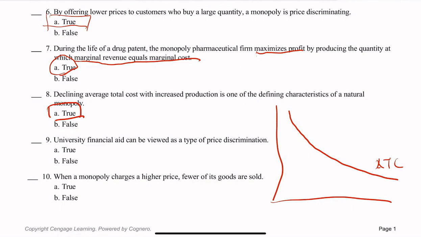This is the example we discussed in the lecture note. Basically, if you have some financial difficulties, it means you have lower willingness to pay for college education. So by offering you some need-based financial aid, your price paid for college education will be lower. So this is a type of price discrimination.